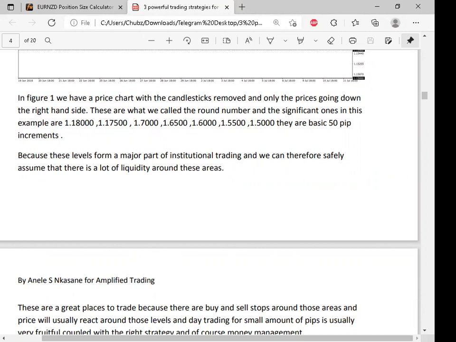And I did explain liquidity last week, but it's basically a lot of trading activity, right? So like a busy shop as opposed to an empty shop. A busy pawn shop where they're buying and selling secondhand goods, and one that's not that busy.